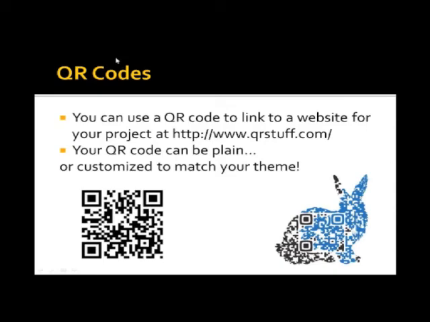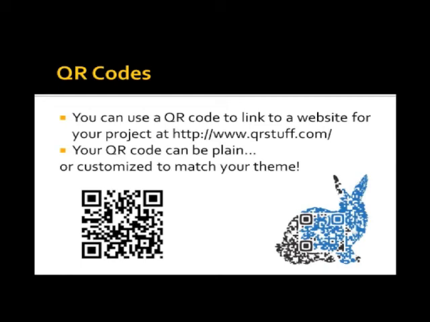Okay, QR codes. I think this is a cool idea for adding to your poster. You can just create a QR code really easily. Just Google QR code generator, and you can put a QR code on your poster and send any person who's at the poster session directly to any website that you want.